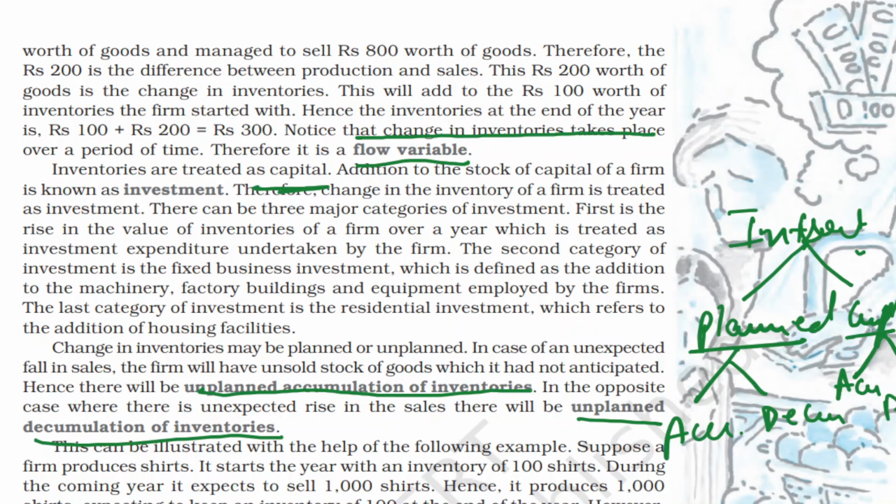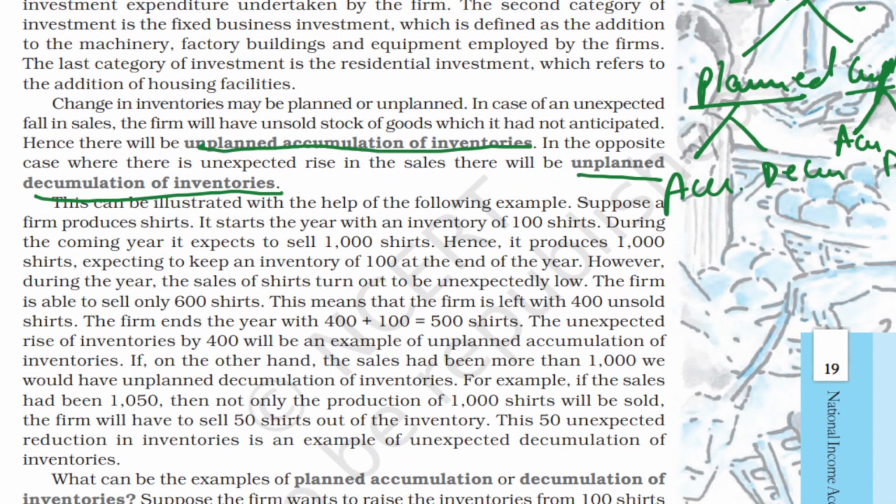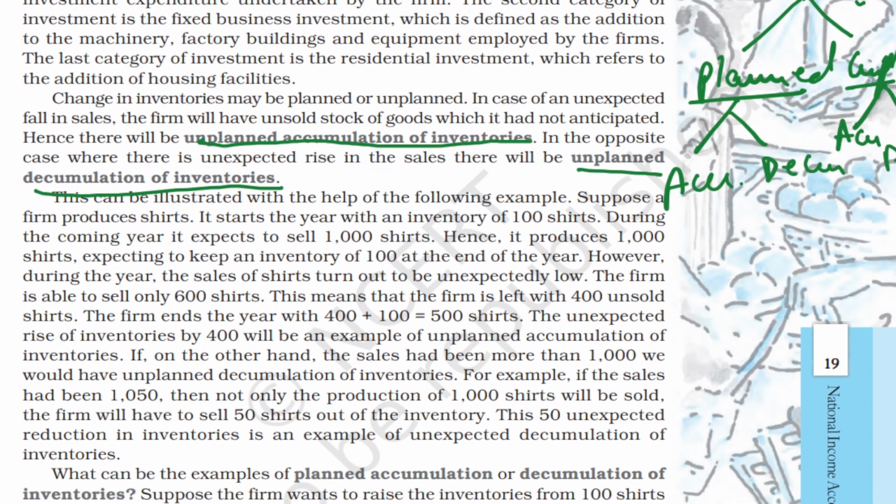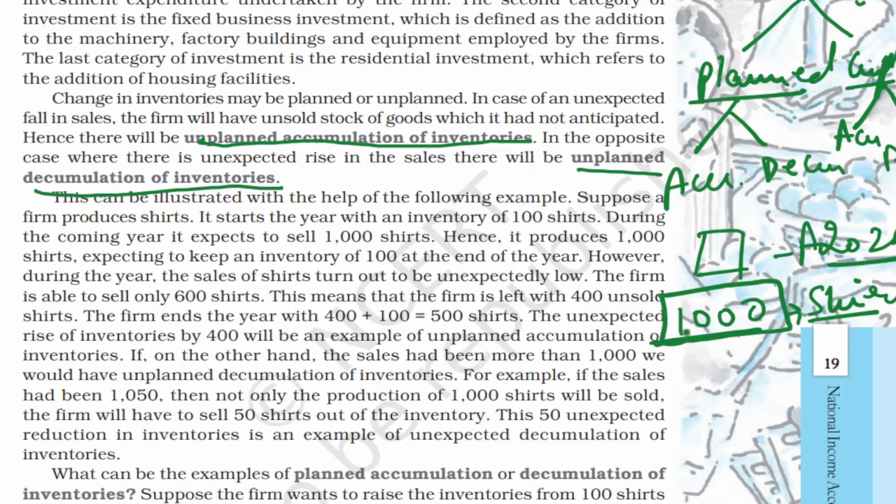What does unplanned inventories basically mean? Suppose you are the owner of a firm A and you decided that there will be a sale of 1,000 shirts during one financial year. Suppose in 2026 you will be able to sell 1,000 shirts. But what happened, due to some reasons you were only able to sell 800 shirts. Now these 200 shirts are extra for you.